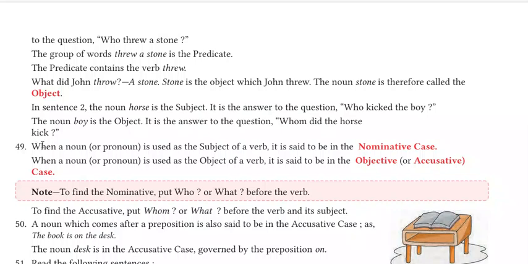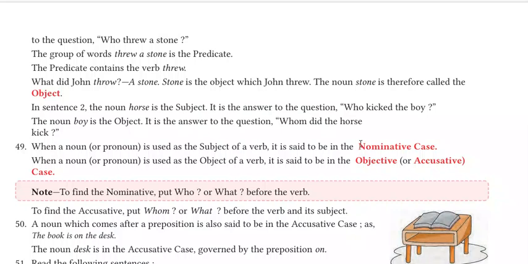Now see, when a noun or a pronoun is used as a subject, it is said to be in the nominative case. There are two ways to mention a noun within a sentence. It can be either in the place of subject or in the place of object.